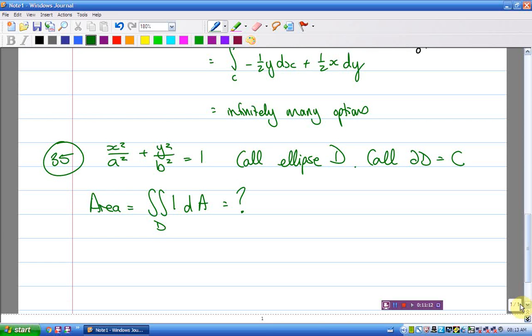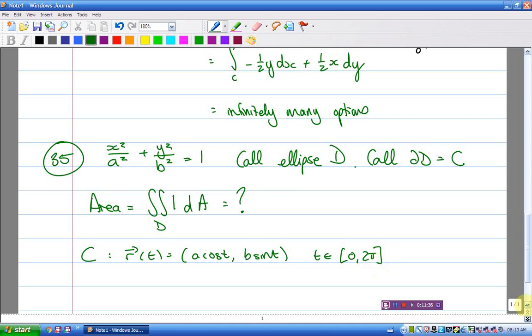But of course, I'm now going to have to carry out that line integral, which means I need to parameterize my boundary curve. But that's easily done for an ellipse. It's going to be a cos t, b sin t, where t goes from 0 to 2 pi.